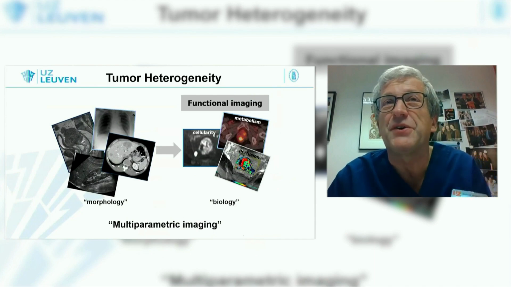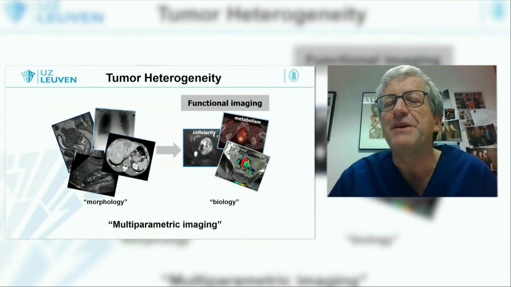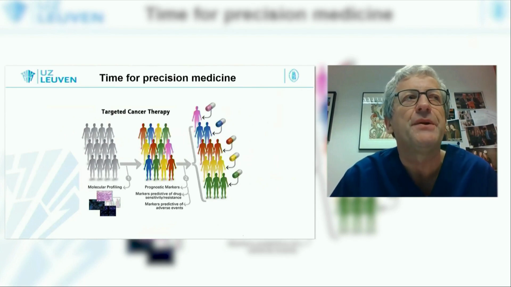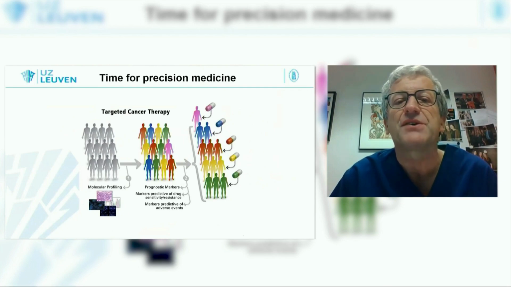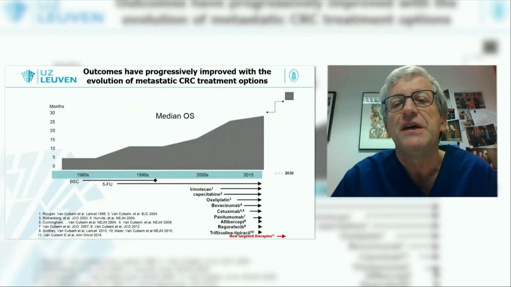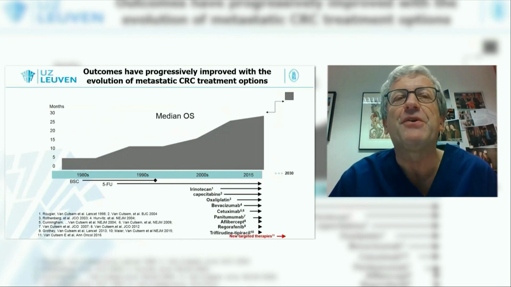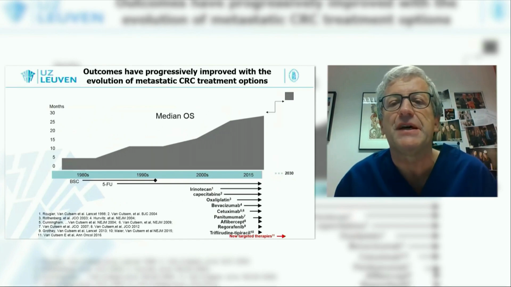We may also correlate biopsies in the primary tumor and in the metastasis, and we may even go for single cell analysis in the future, as we are doing now in Leuven in some research projects. Because also in patients with metastatic disease, this may further contribute to a better outcome.